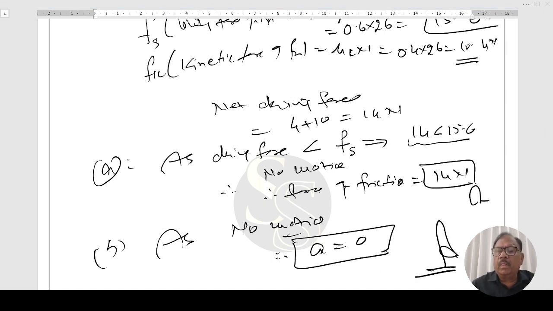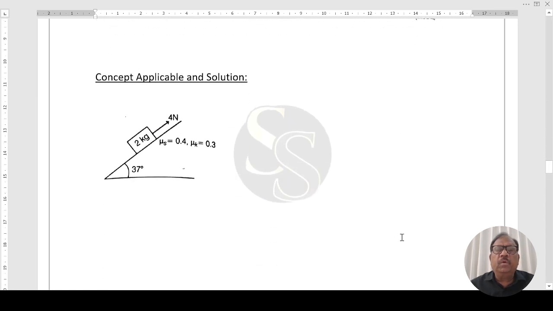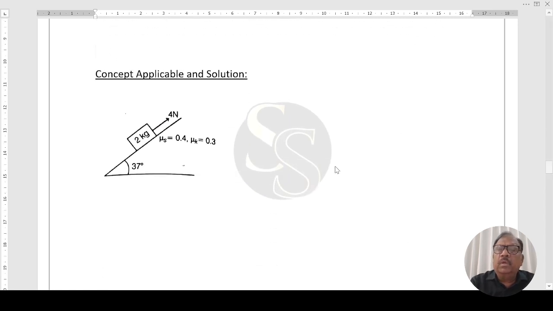Next question. The question is, in the given figure, find the force of friction acting on the block. State whether the block will move or not, and if yes, with what acceleration. First of all, drawing the free body diagram.